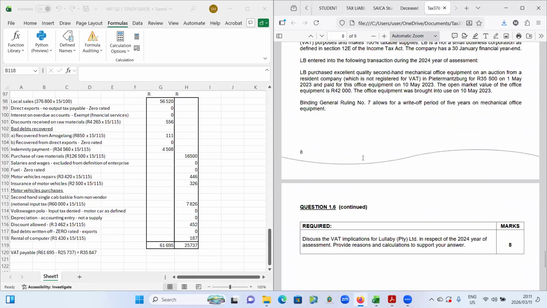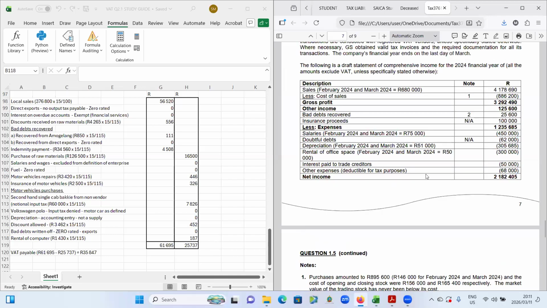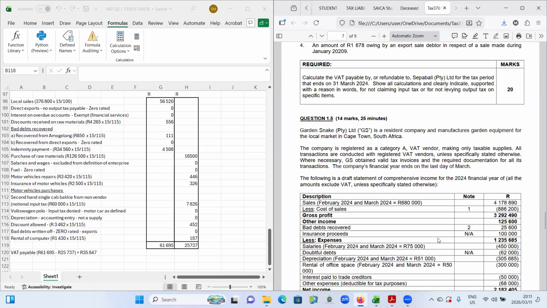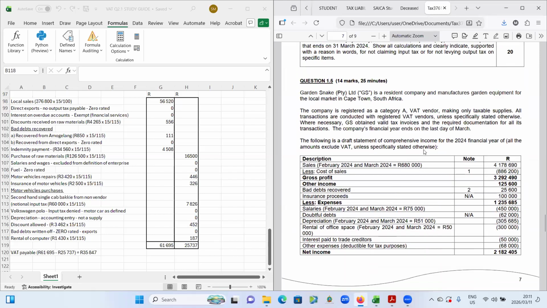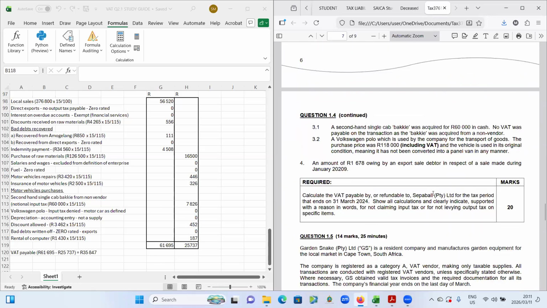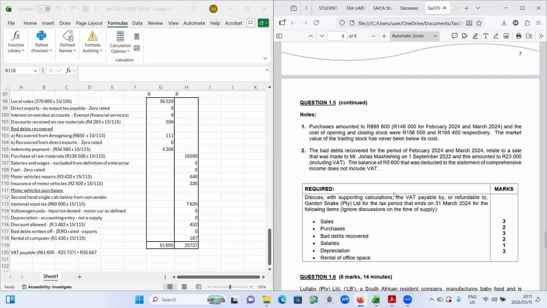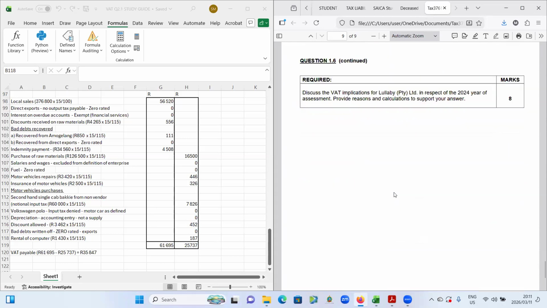So these remaining ones and more questions, I'll make sure we do it before we write the test. I'll look for a question which is more like a reversal. I might have seen it somewhere.